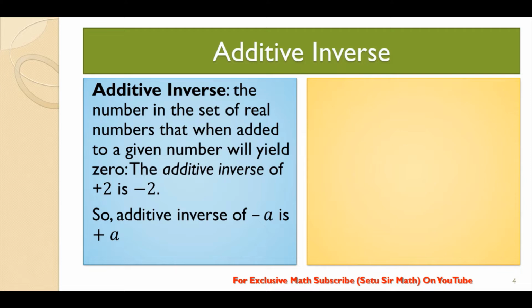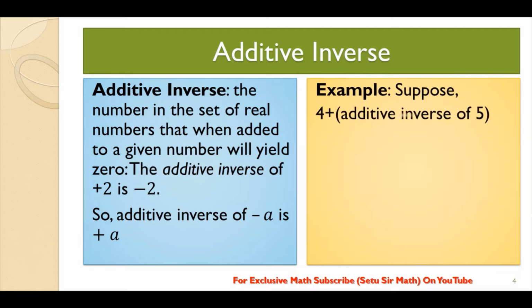Let's see an example. Suppose 4 plus additive inverse of 5. So 4 plus additive inverse of 5 means 4 plus minus 5. We already know the additive inverse of plus 5 would be minus 5, and the additive inverse of minus 5 would be plus 5. That means it is just the opposite of that number, with the sign.